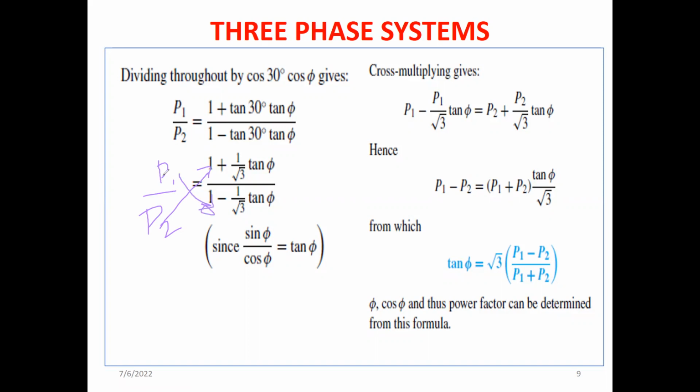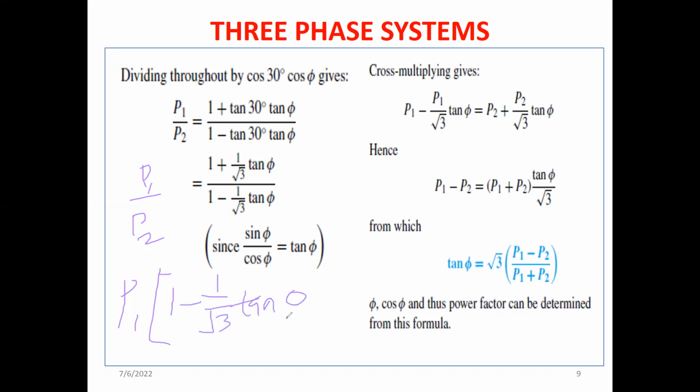P1 goes into the brackets, 1 minus 1 over root 3 tan of phi. That is how you find P1.